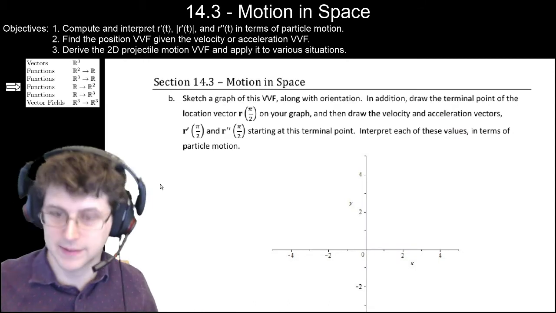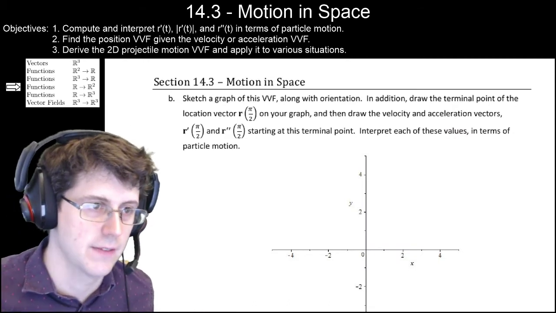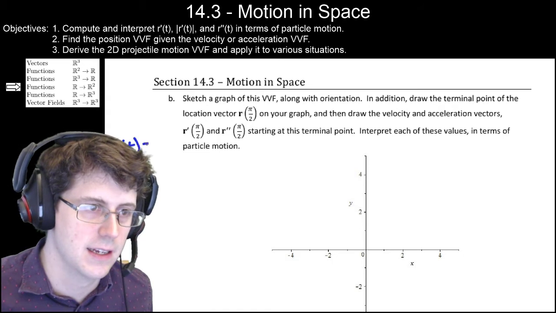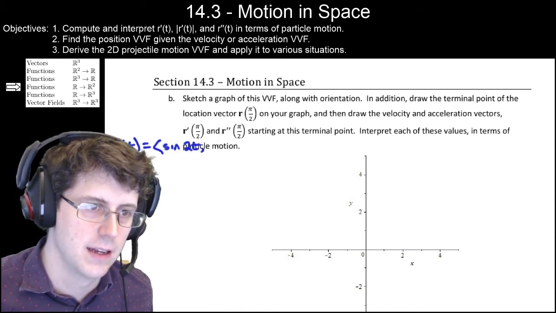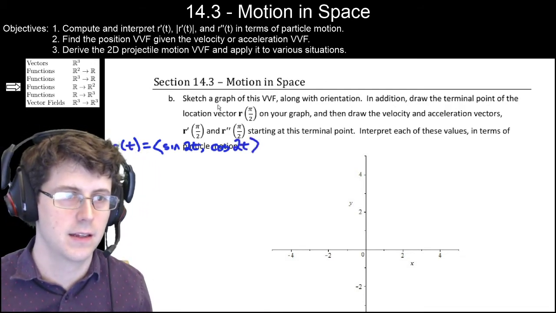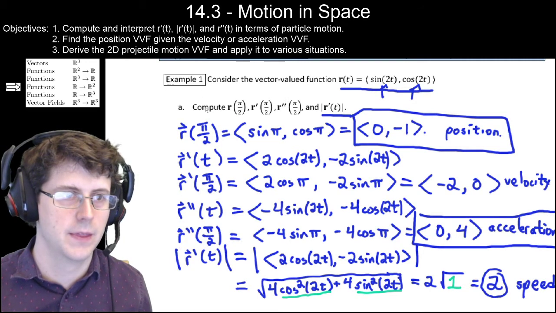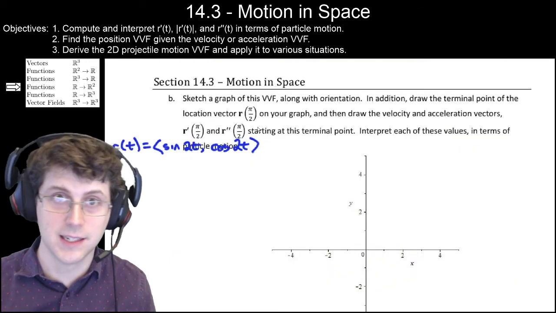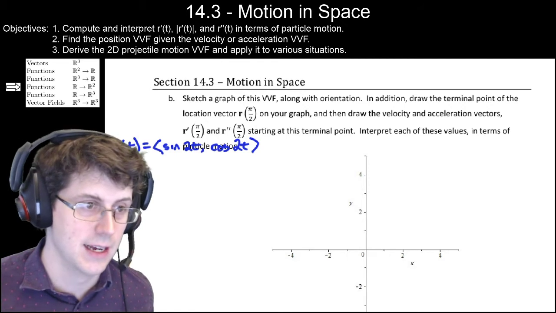I'm going to make a table. Got r of t is sine 2t, cosine 2t. Let's make sure I have the right thing. Yeah. To figure out where it starts and which direction it's going, I'm just going to make a table.